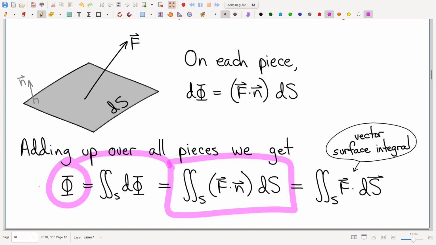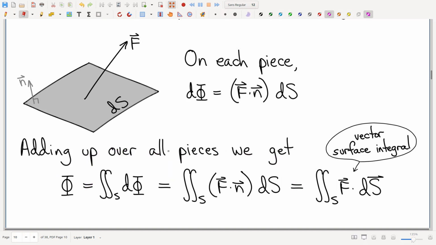All right, now I want to remind y'all, I want to flash back to where we were talking about work. And let me write this out in blue. We wrote that work was, of course, the sum of a bunch of little pieces of work.